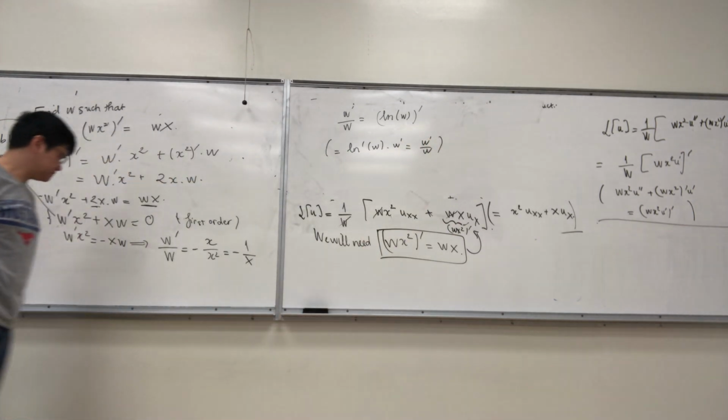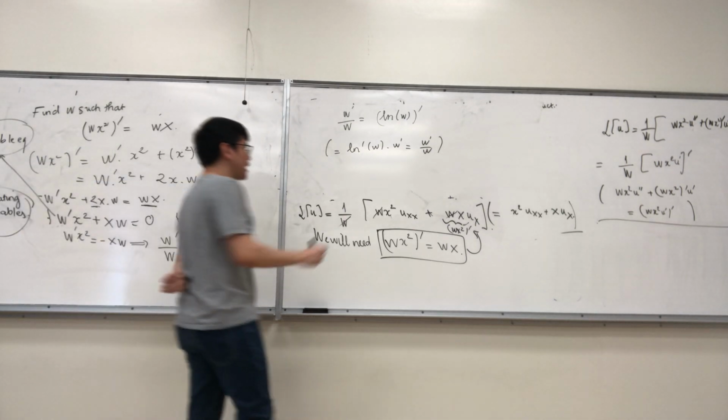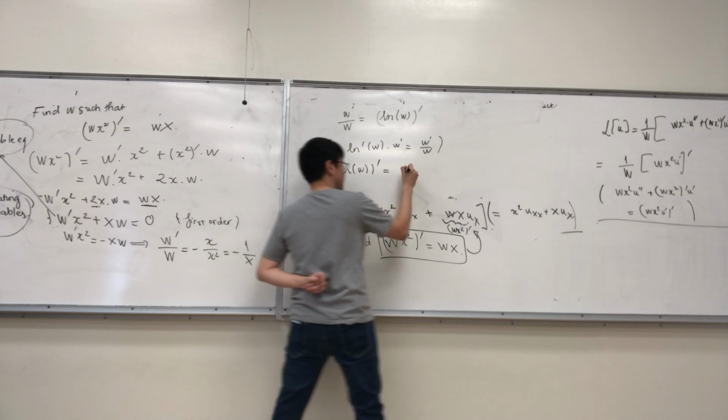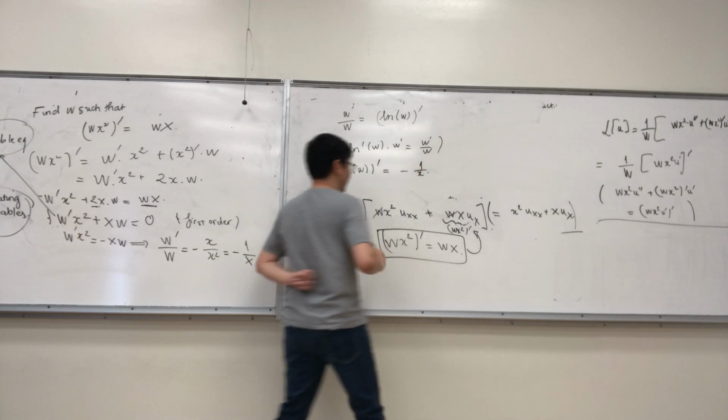This is the chain rule. Right? So you have the derivative of log of w is minus 1 over x.